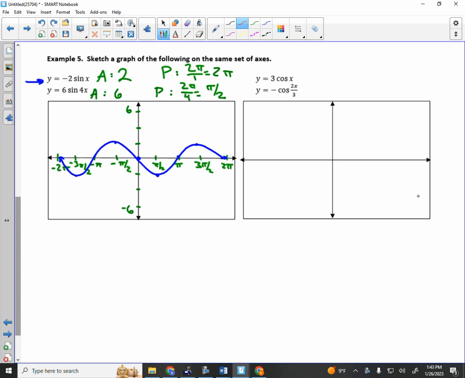This one is going to complete a full cycle in pi over 2 units. So instead of taking this long to complete a cycle, it just takes that long. See that? So it's going to start here. It will go to the top, back to the middle, to the bottom, and back up within that one cycle, within that 1 tick mark.